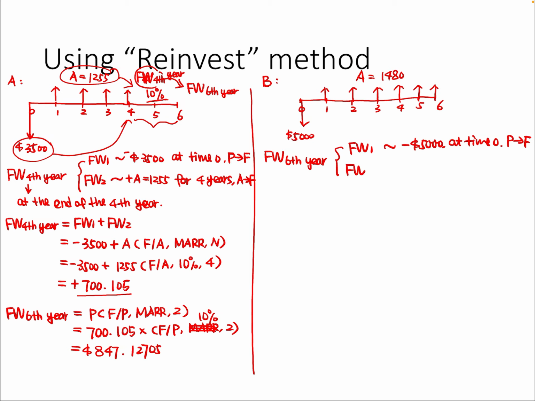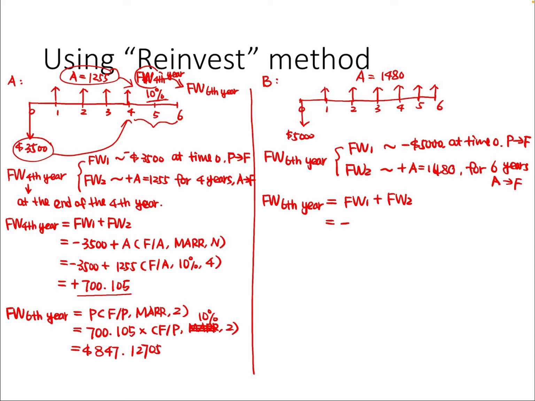So it's to convert P to F. And FW2 is from the positive annuities of 1480 for 6 years. So it's to convert A to a future value. So FW at the end of the 6th year is FW1 plus FW2. That's the two parts.